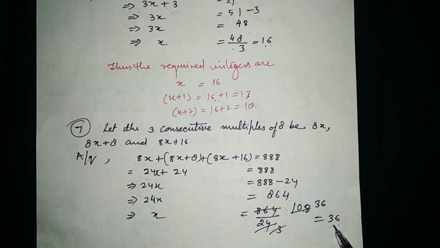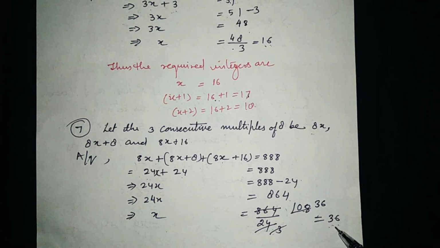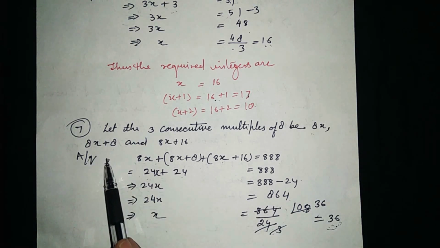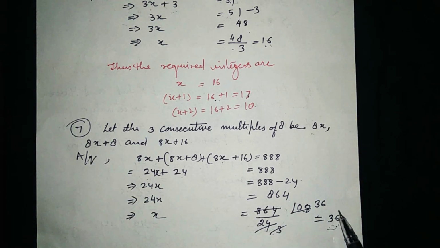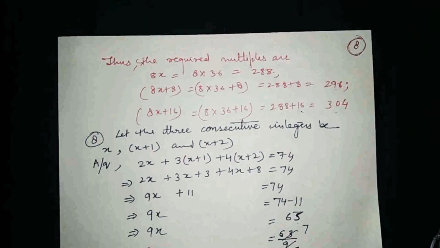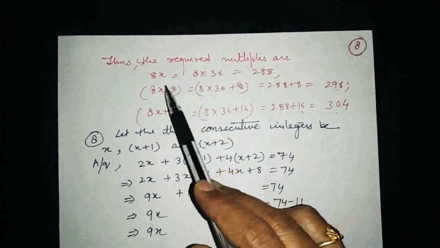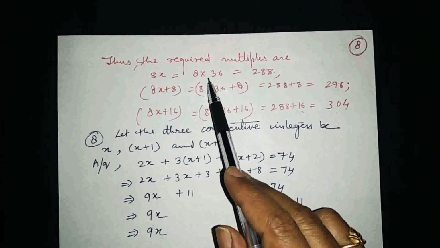Now for the first multiple, we will put this value of x in 8x. For the second multiple, we will put the value of x in 8x plus 8. For the third multiple, we will put the value of x, 36, in 8x plus 16. Now see here, thus the required multiples of 8 are 8x, 8 into 36.